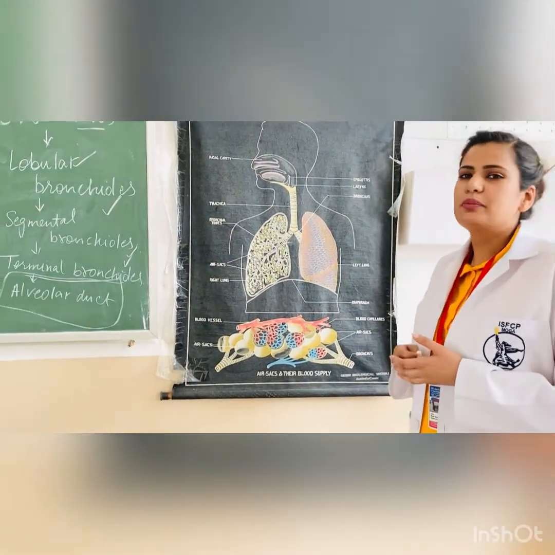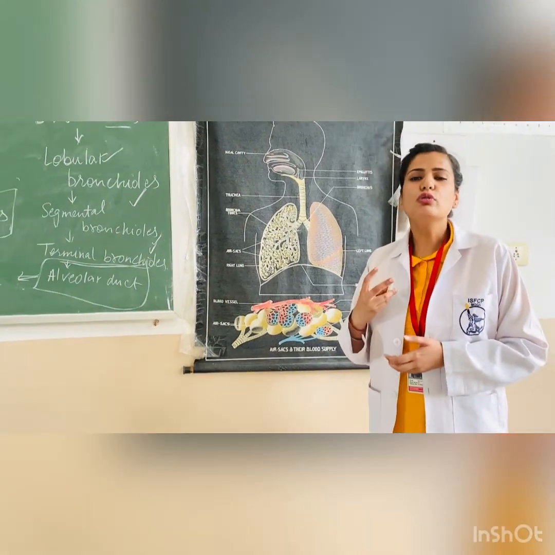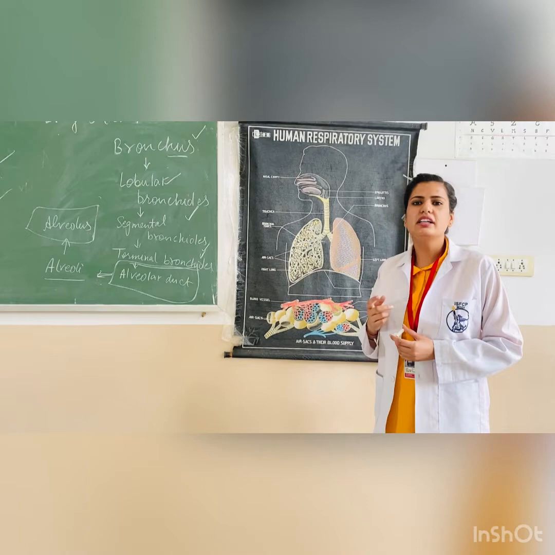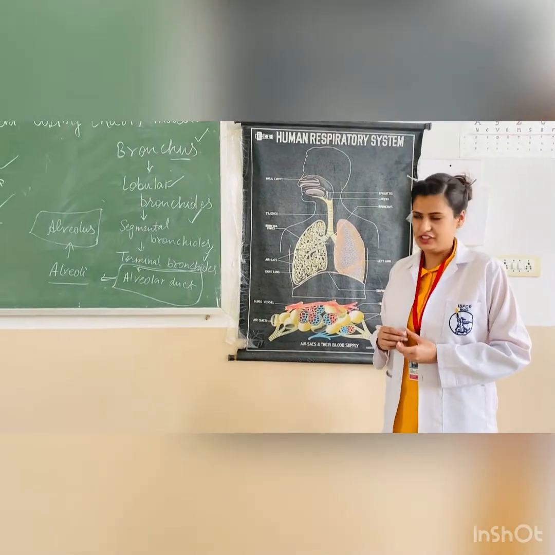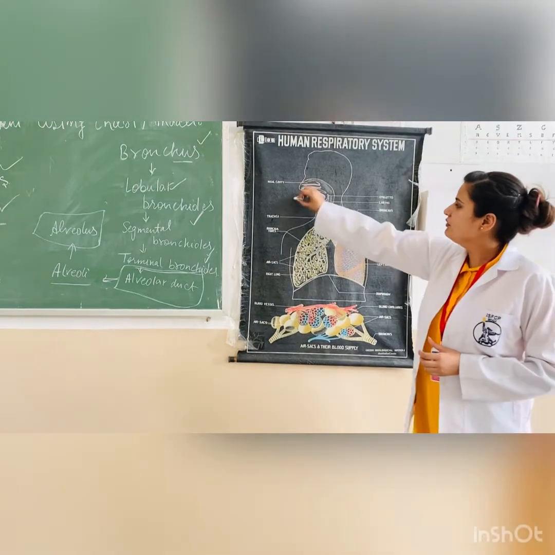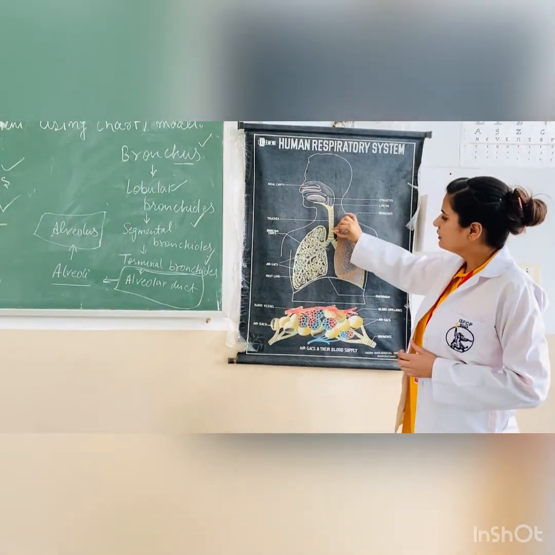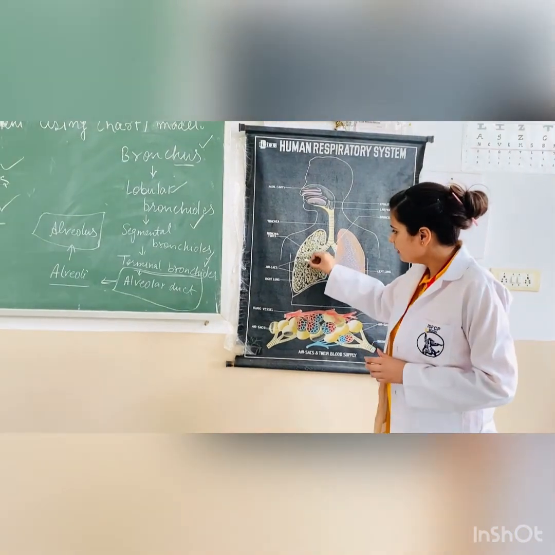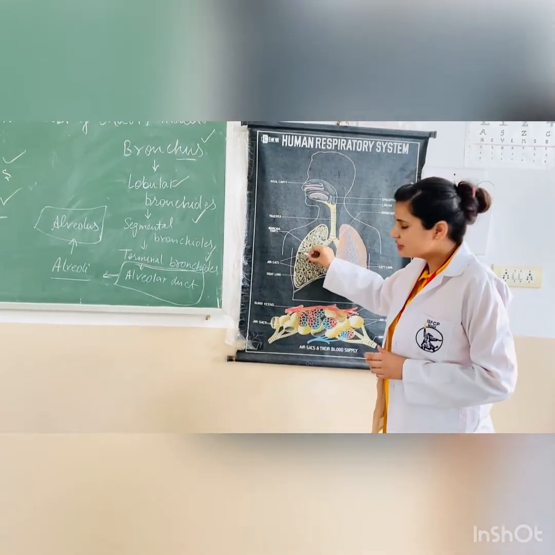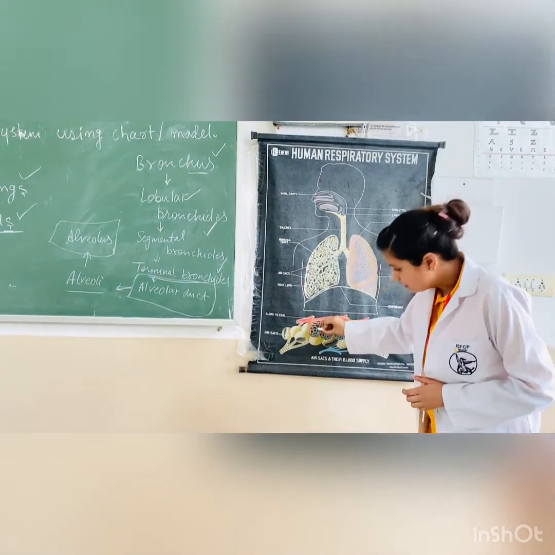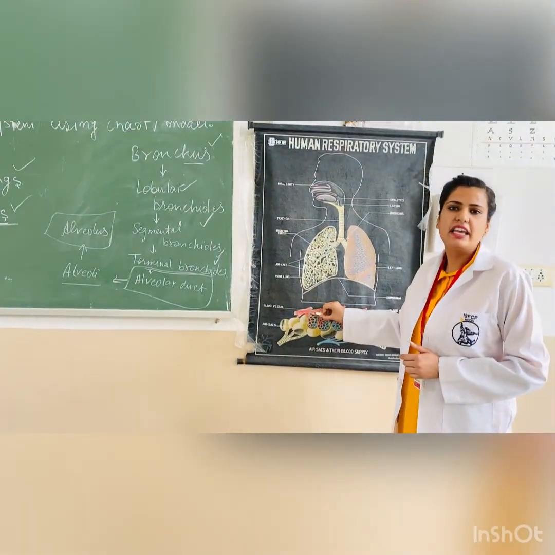So, as I explained earlier, there are two types of respiration. The first one is external and the second is internal respiration. In external respiration, when we inspire the air, the exchange of gases between the lungs, or we can say between the alveoli and the blood capillary, takes place.